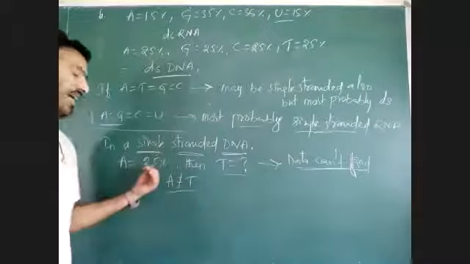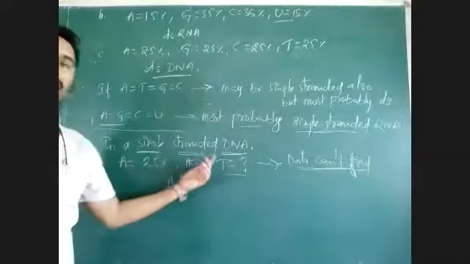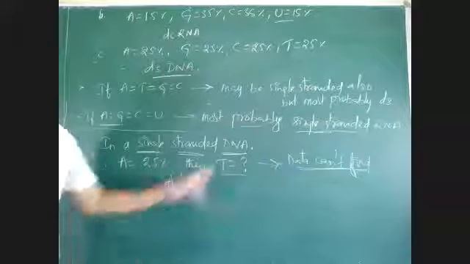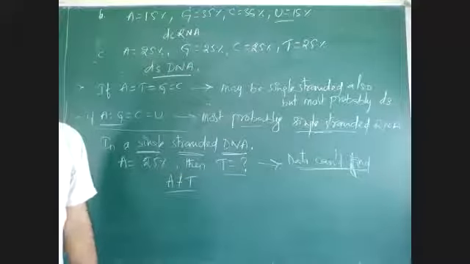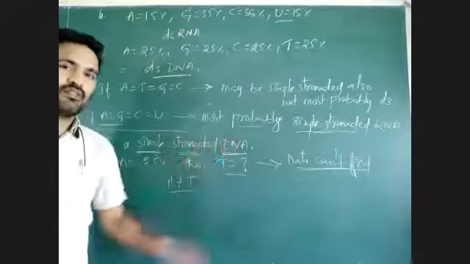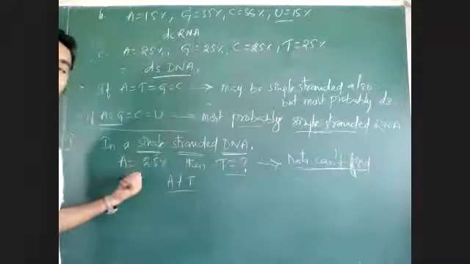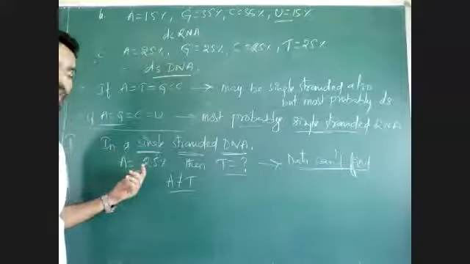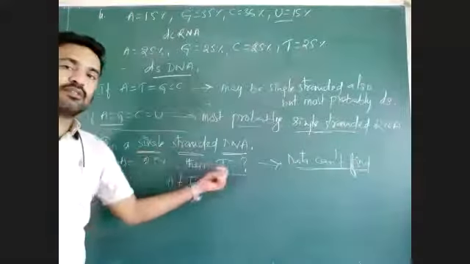By knowing the data of one nucleotide, we cannot calculate the other data. If we do experiments, as how A was found to be 25%, then we can find the data.